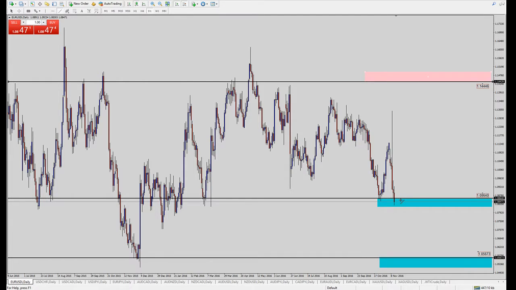If we actually do get bullish confirmation in this area, we're looking for a push to these highs, looking left, these lows, or even probably push all the way up to the 1.14446 zone.